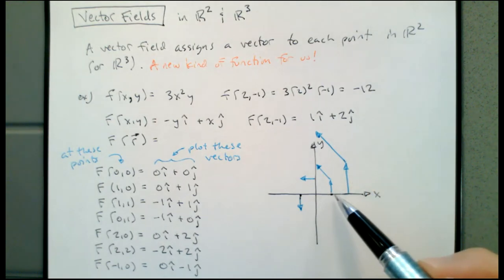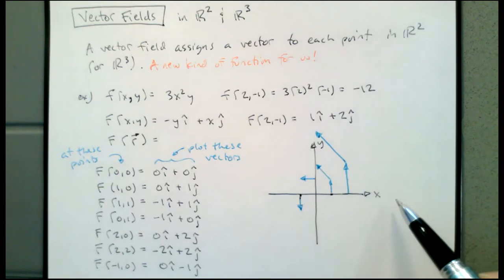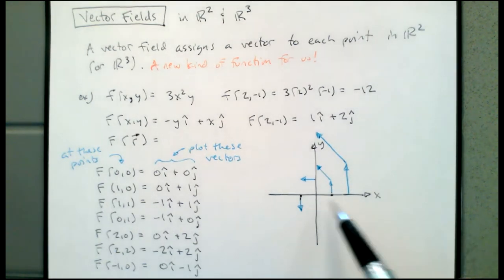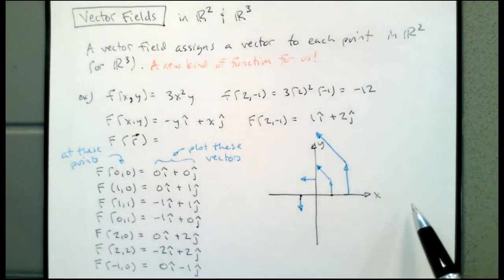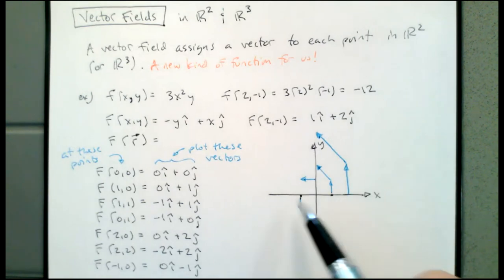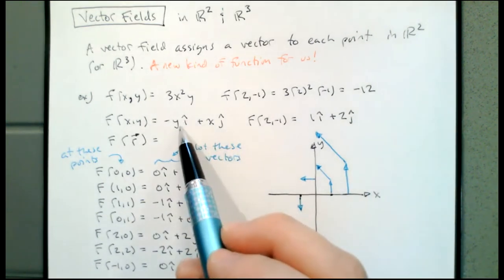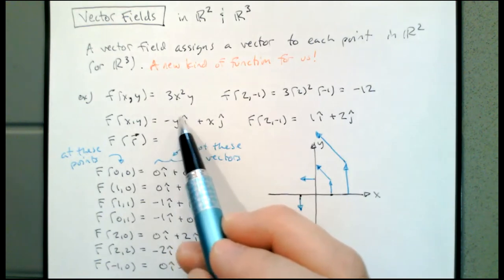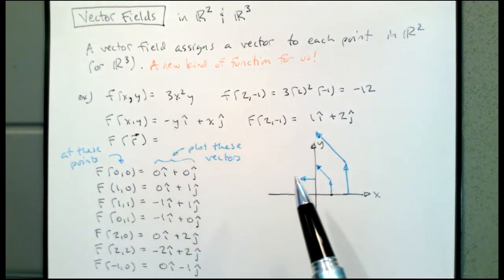So we can see that these vectors, as x increases, everything along the x-axis, since every point on the x-axis has a y-coordinate of 0, all the vectors along the x-axis are going to be vertical, because if y is 0, there's no i component.